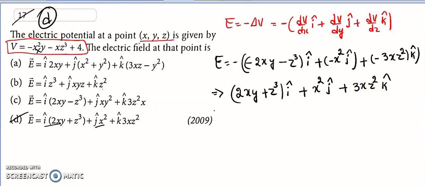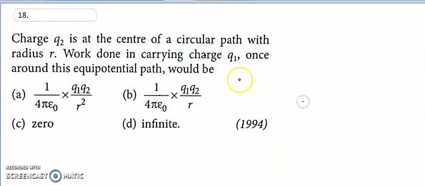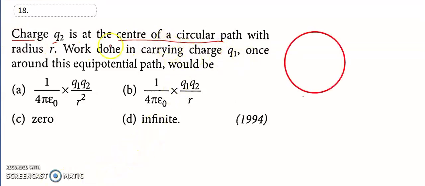So let's move to question number 18. So question number 18, look. Charge Q2 is at the center of the circular path with the radius R. Work done in carrying the charge Q1 once around the equipotential path.